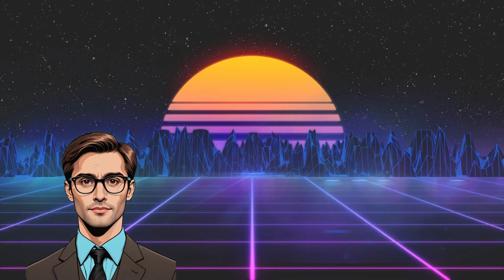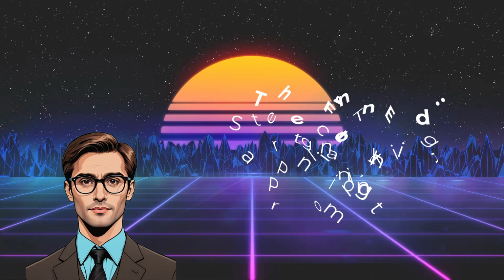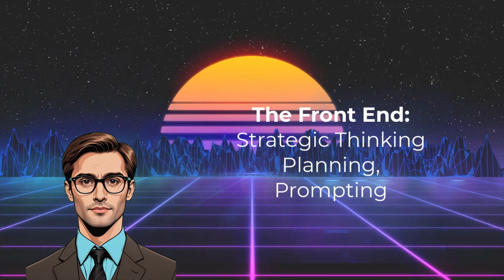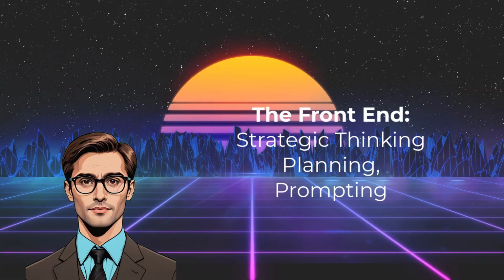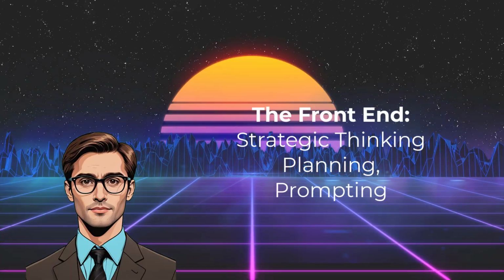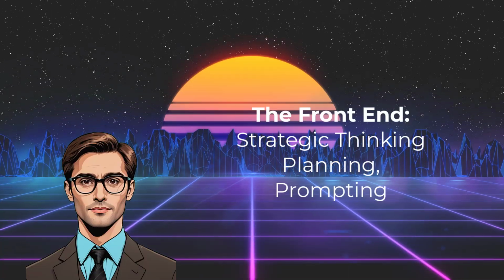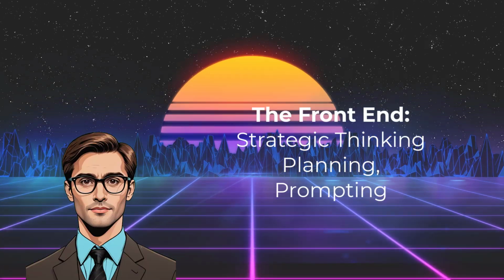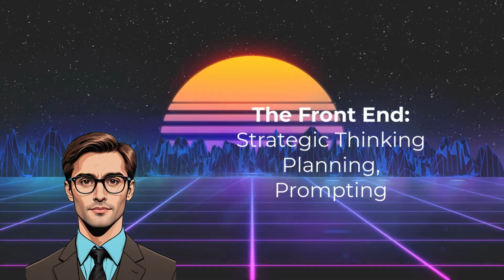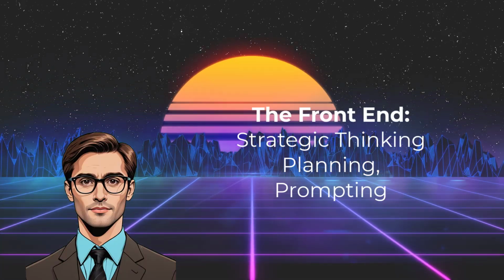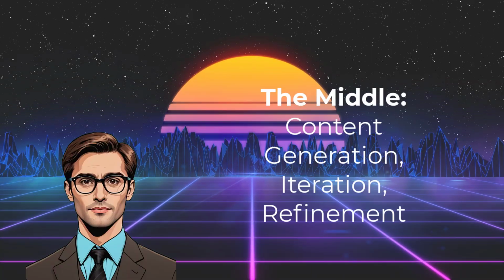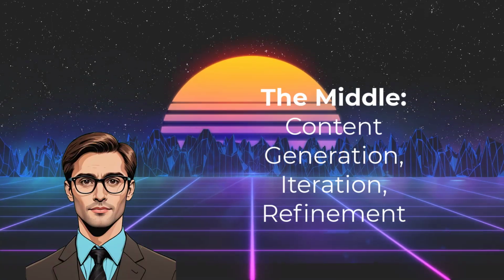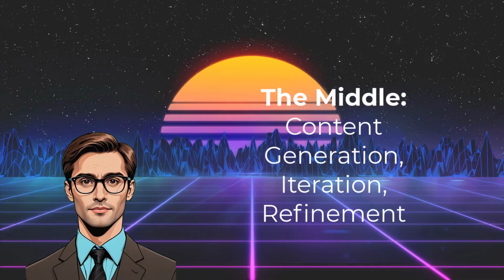Here's a quick reminder of where we are. Module 2 covered the front end, the strategic planning phase of an AI integrated project. You figured out what you're trying to accomplish, who you're talking to, and how to communicate clearly with AI tools. This module addresses the middle phase, where AI actually generates stuff.